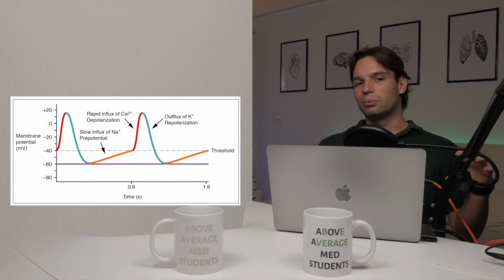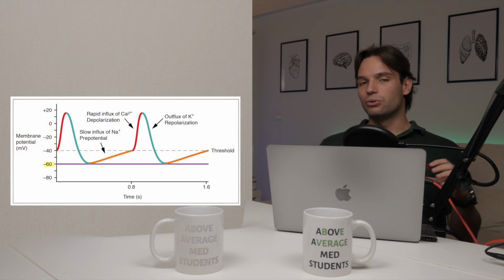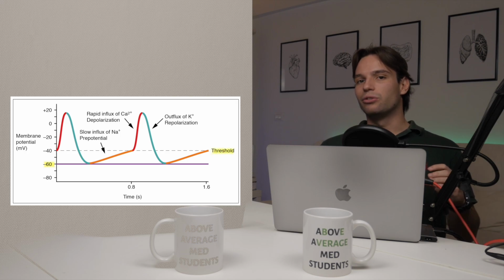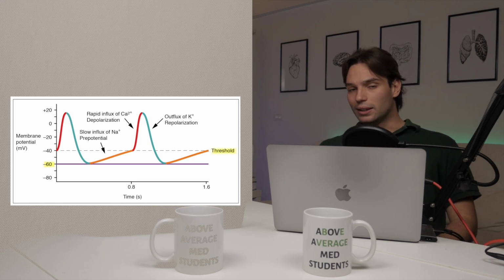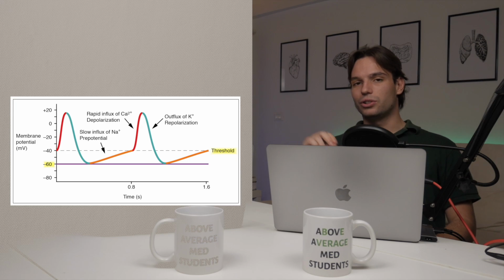So let's take an autorhythmic cell that has just finished the previous cycle of depolarization and is now repolarizing, approaching minus 60 millivolts, which is the lowest point that one of these cells will reach before starting to depolarize again. From the low point of about minus 60 millivolts, the cell has to reach threshold again in order to fire another action potential. And this rising voltage from around minus 60 to threshold is called the pacemaker potential.